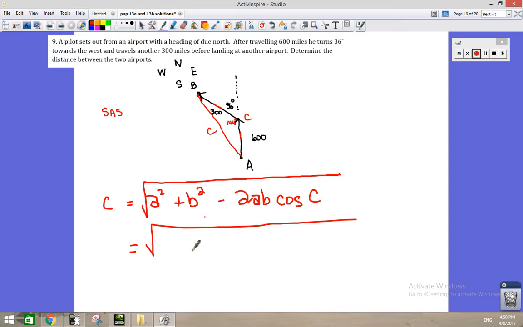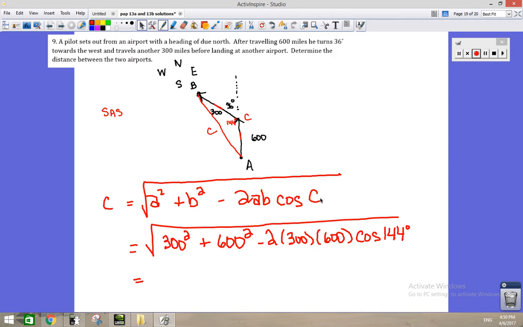I know that A was 300 miles, so I've got 300 squared. I know that B was 600 miles, 600 squared. Minus 2 times the 300 times the 600, times the cosine of angle C, which was an obtuse angle of 144 degrees.